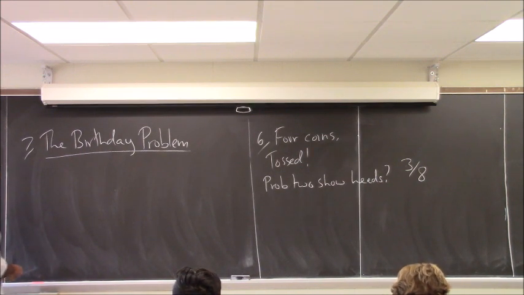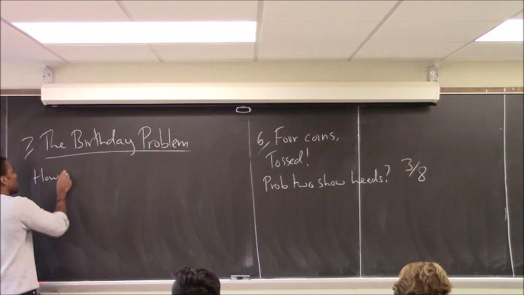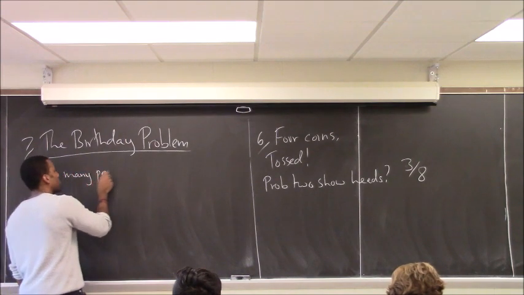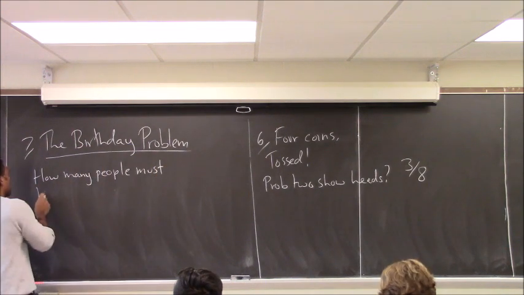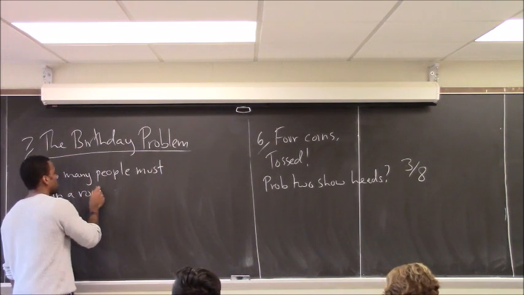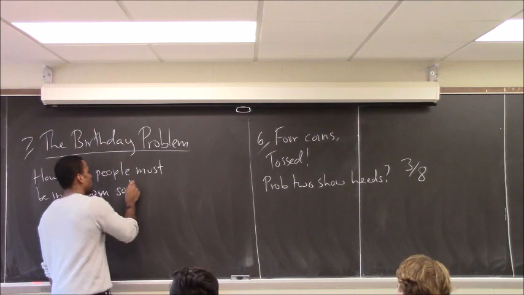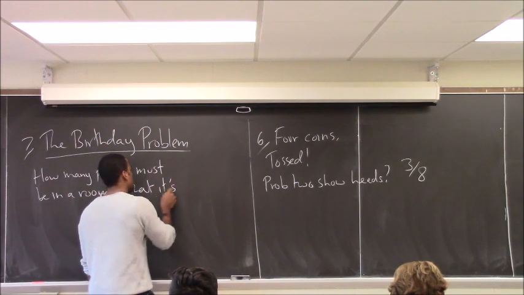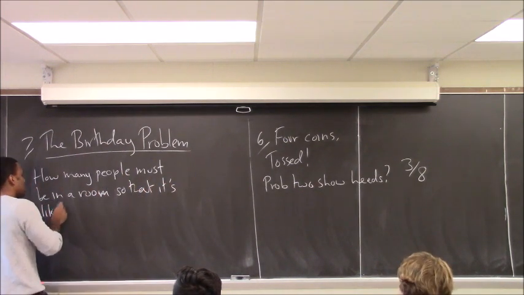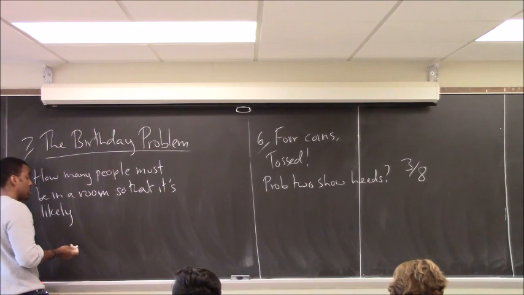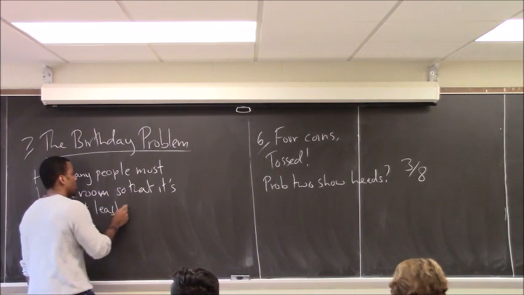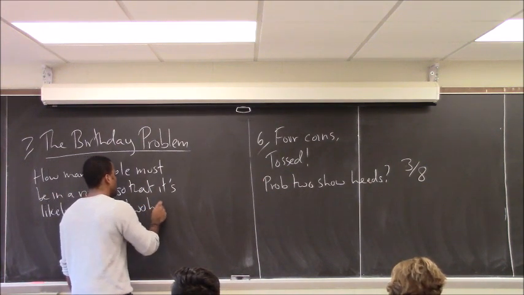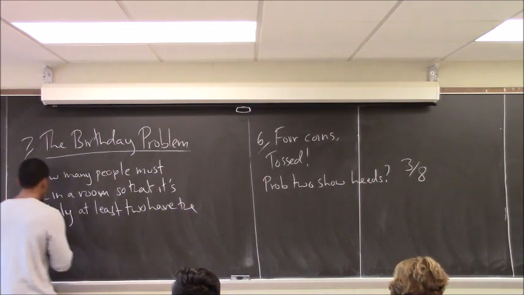That could work out. But how many people must be in a room so that it's likely, meaning there's more than a 50% chance, at least 2 have the same birthday?